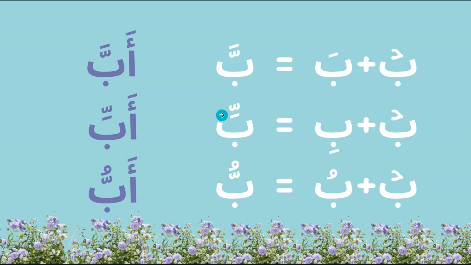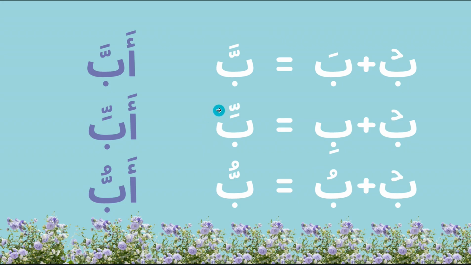Sometimes you will find the kasra written like this beneath the shadda sign, and sometimes you will find the kasra written beneath the ba, like in this case. So the shadda will be written above and the kasra will be written below.